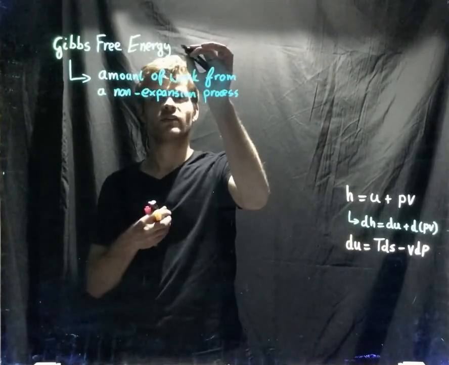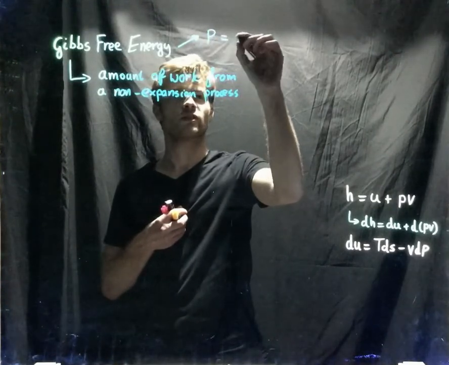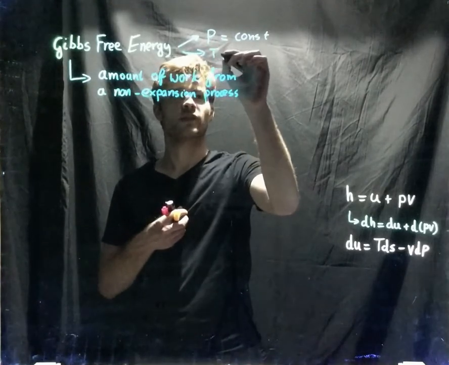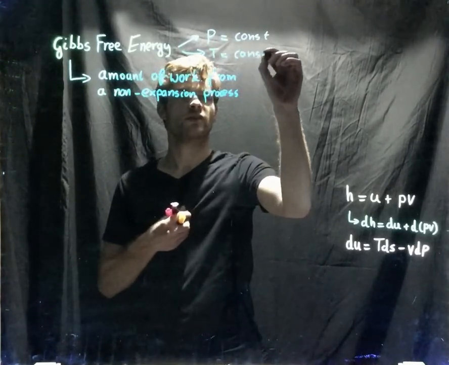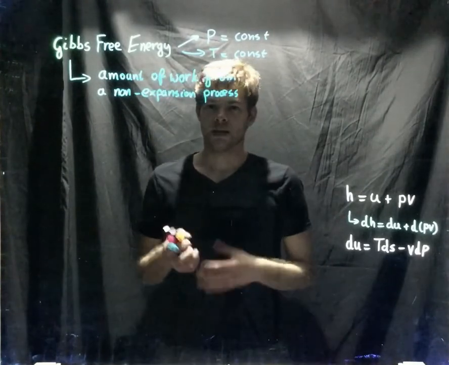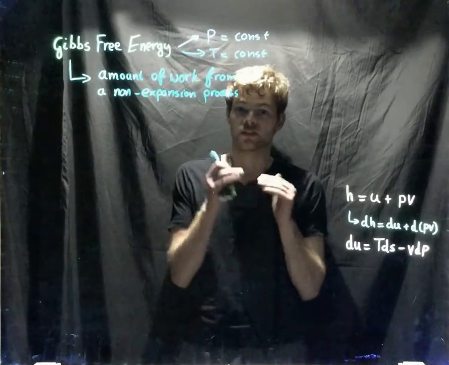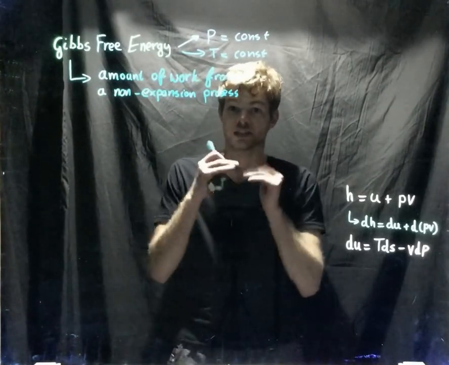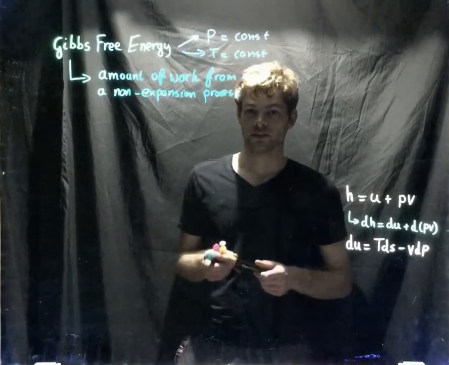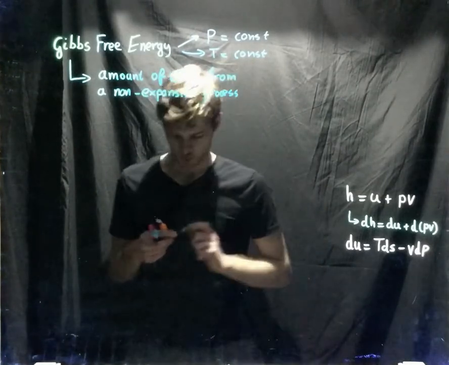In this Gibbs free energy, we assume that the pressure is constant and the temperature is constant. Of course, as we're always talking about quasi-equilibrium, it means it's constant in this quasi-equilibrium state. Actually there might be slight changes, but very, very small.